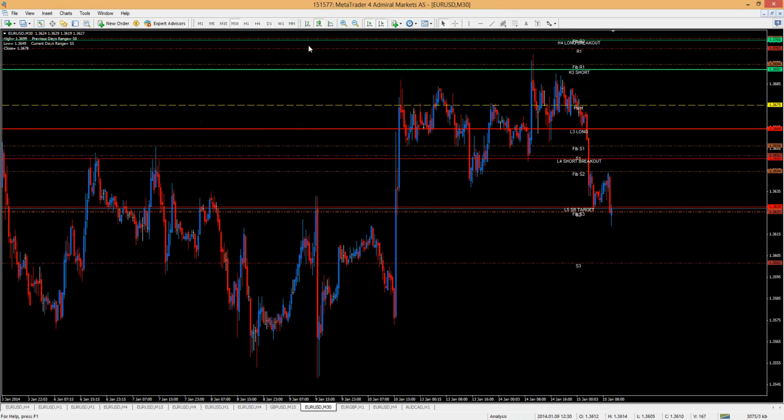So this is the euro dollar. We actually just hit L5. Funny. So it seems to be pretty deep territory, according to the Camarilla.